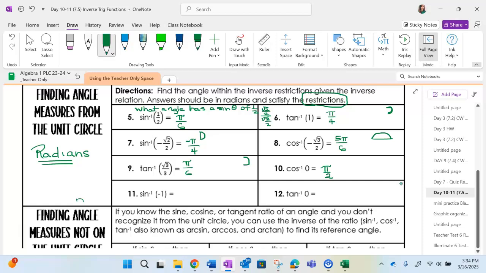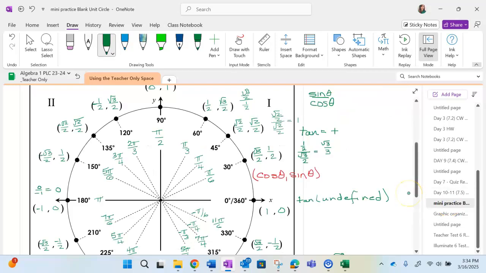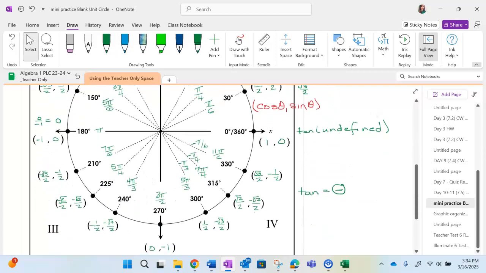All right, let's look at this one. So what angle has a sine of -1? Now remember, sine includes pi over 2 and negative pi over 2. So let's go look at our unit circle. So sine of -1 would be down here.